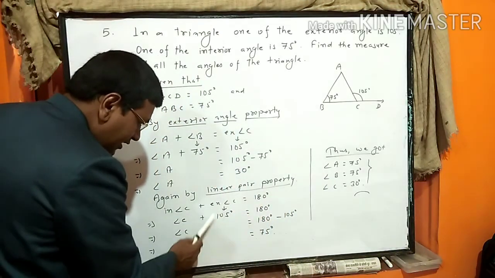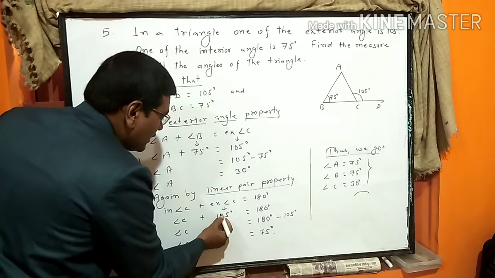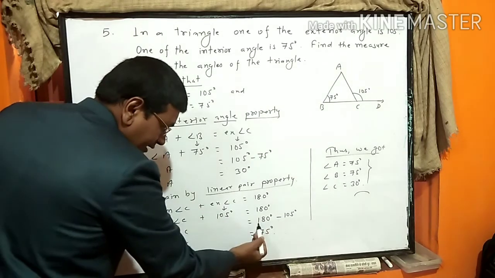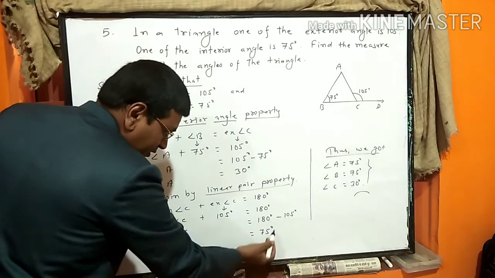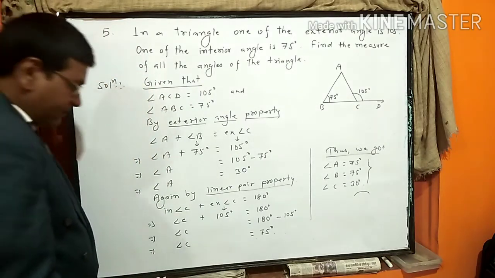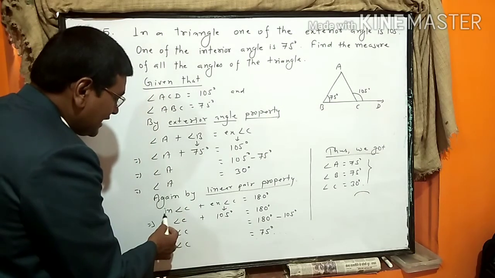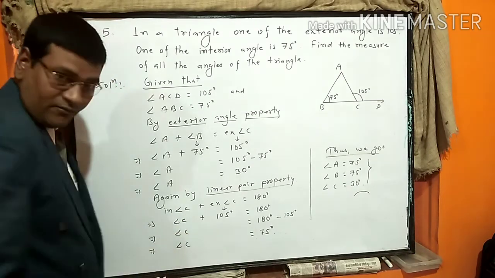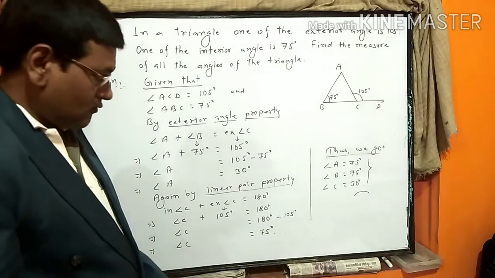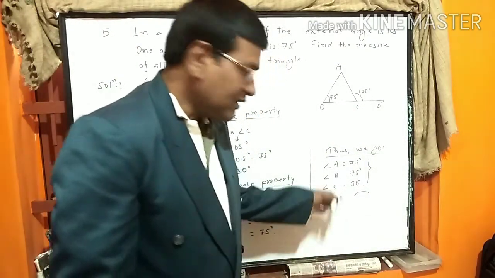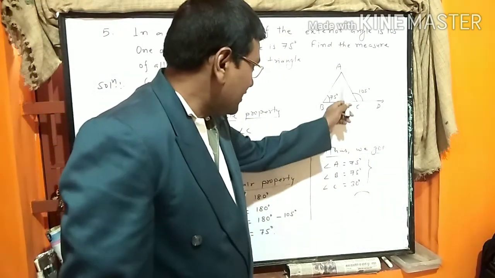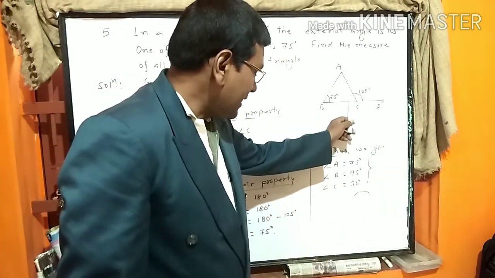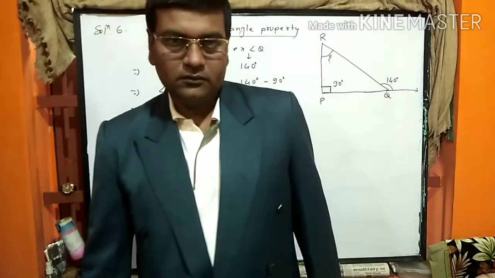Exterior angle is 105. Take it to the right side. 180 degree minus 105, it will be 75 degree. Interior angle C can be written as angle ICB or only C. Thus we find here angle A equals 75, angle B equals 75, angle C equals 30 degree.